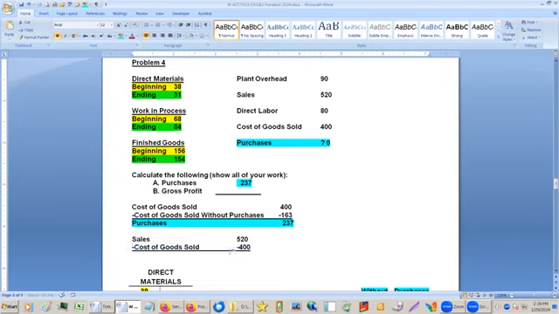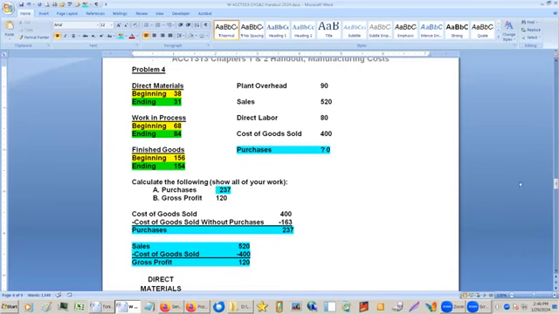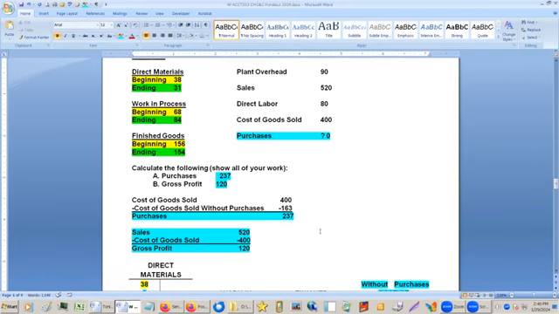Okay, so our gross profit, same thing as gross margin, you see it both ways, will be 120. So that's the missing number one.